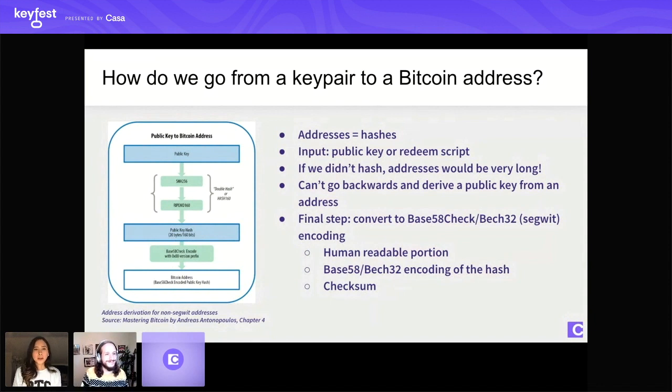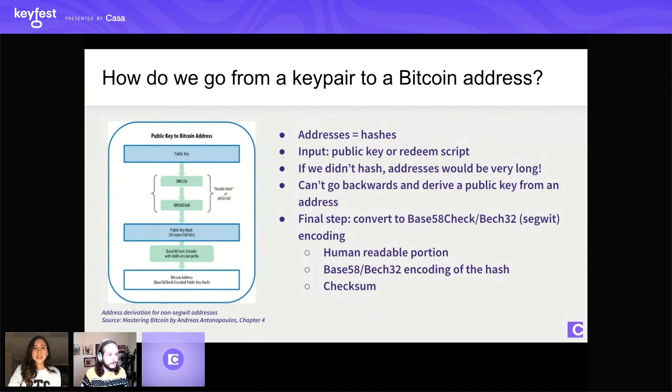So now that we've learned about keys and we've actually seen key and address generation, let's walk through how to go from a key pair to an address. And I'm going to take you through the most basic example, which is making an address from a single public key. This is referred to as P2PKH, pay to public key hash, if anyone is familiar with those terms.